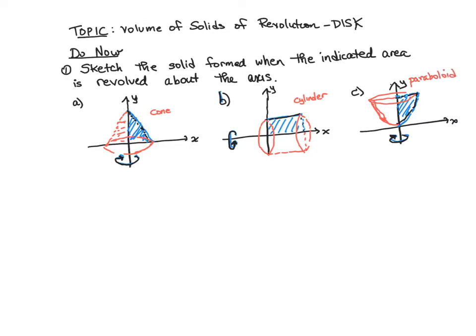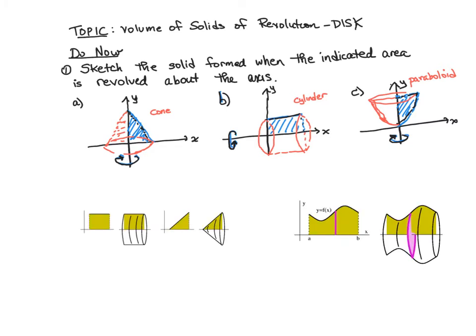So these, again, all of these are solids. We are rotating the area. Notice that in the area, one of the boundaries is the x or y axis. It's the area under one function to the x or y axis, and we're rotating that around the x or y axis. So let's look at a few more pictures.